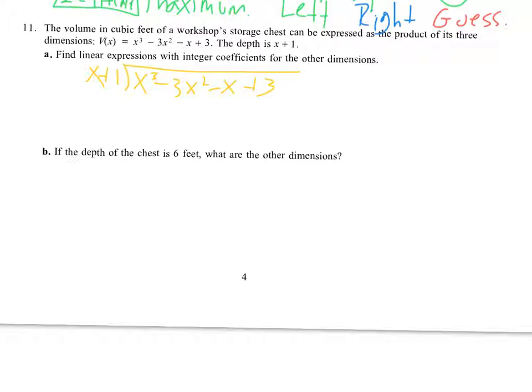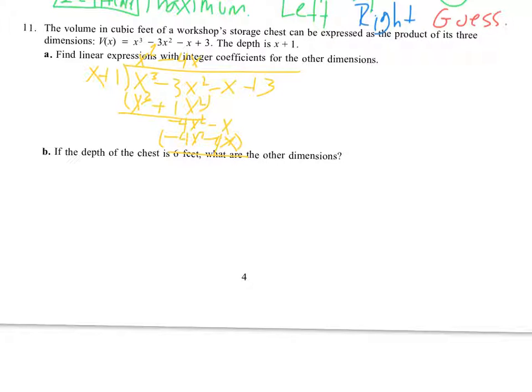Dividing here, we're going to get x squared. So it's x squared plus, x cubed plus 1x squared, minus 4x squared when I subtract. Bring down 1, so that's minus x. So that's going to be minus 4x. Multiply down, we get minus 4x squared minus 4x.